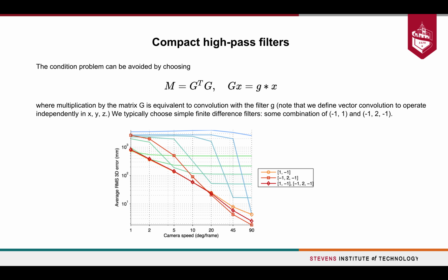The [-1, 1] is equal to penalizing the distance between neighboring frames, so it represents the first derivative, and the second one is the second derivative of the frame.